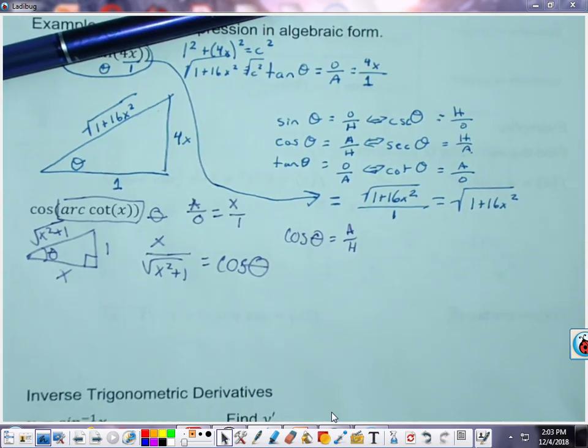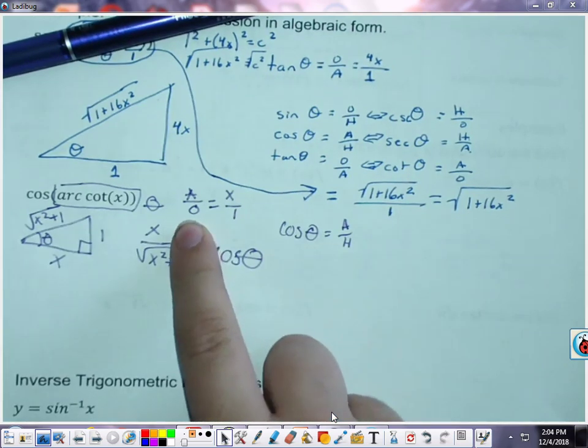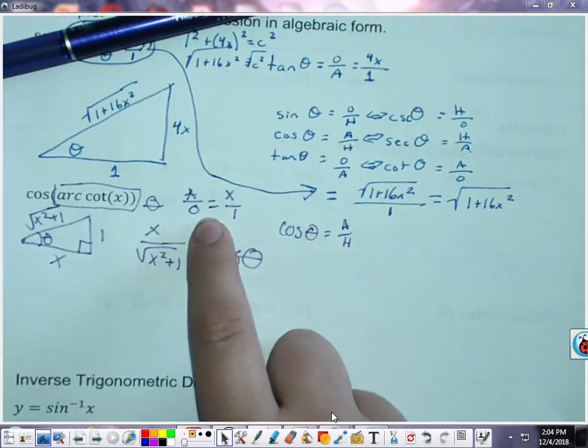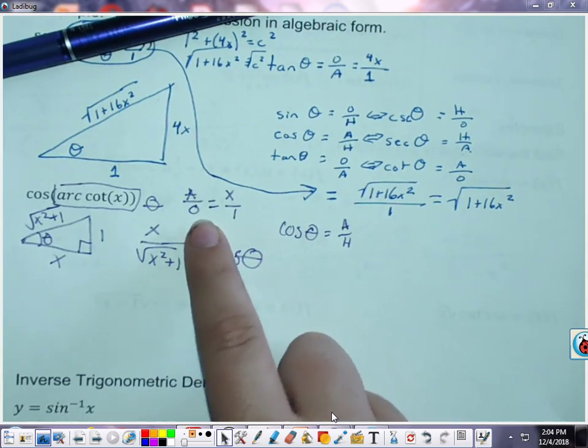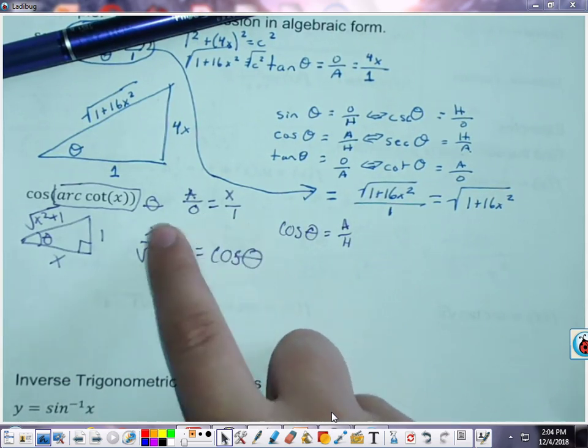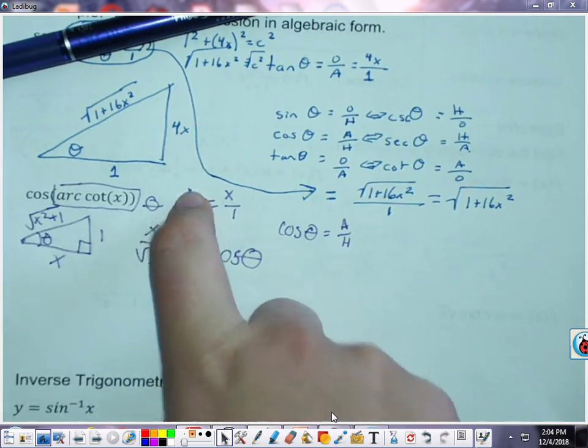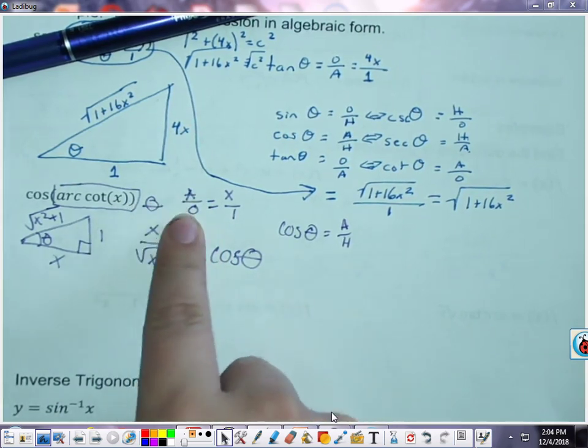Okay, so here we go. The angle whose cotangent is x, she's labeled. She did some different work and then realized that it's just the inverse of tangent, which is opposite over adjacent, so cotangent is adjacent over opposite.